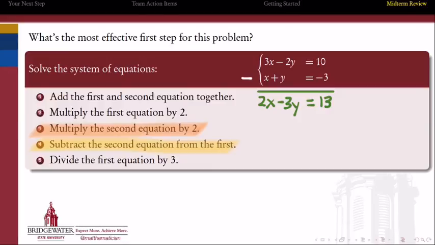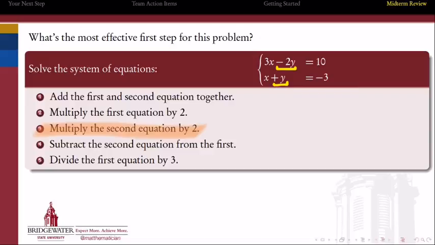If I claim that subtracting the equations from the get-go is not the most effective strategy, why did you choose, those of you who chose part 3, multiplying the second equation by 2, why is that a good idea? Because the first one's already an opposite. So multiplying it by 2 is going to be minus 2y plus 2y.